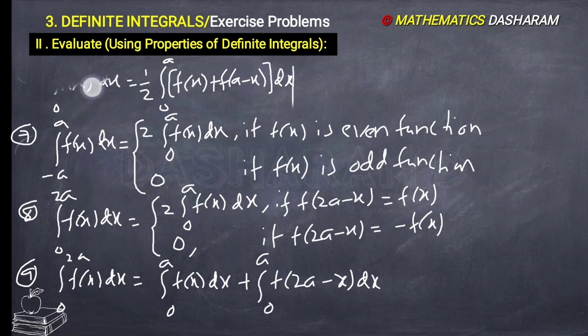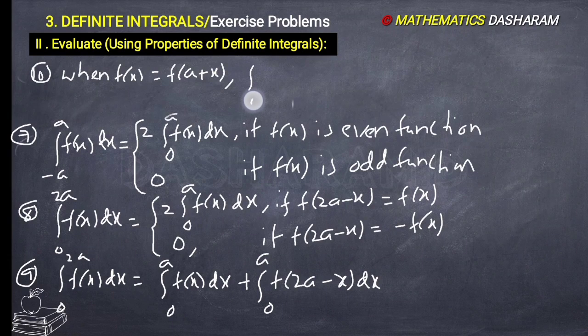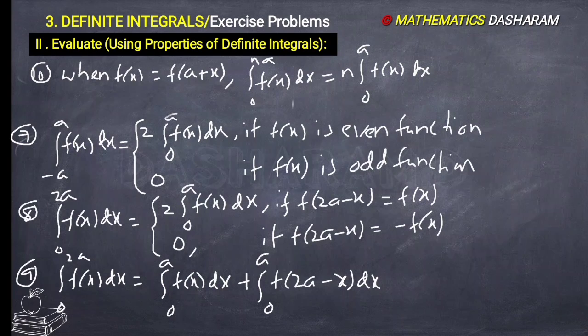Next, the last property, the 10th one: when f of x equals f of a plus x, then integral 0 to n a of f of x dx equals n into integral 0 to a of f of x dx.